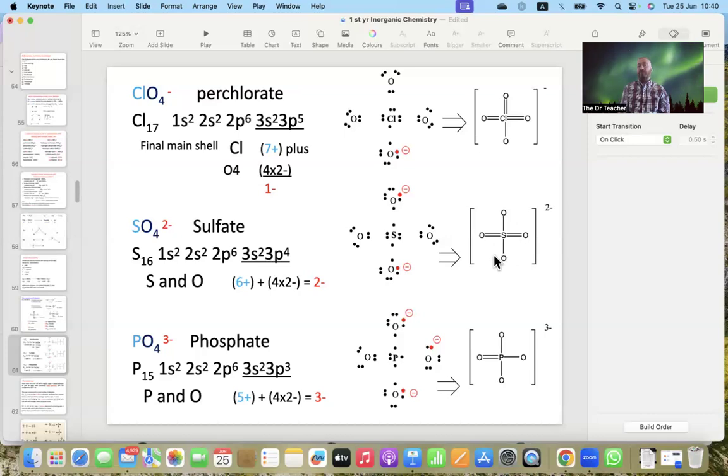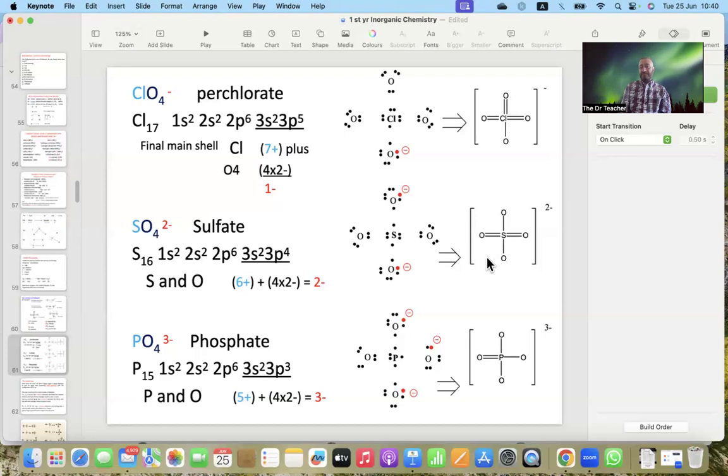So what are we going to do? 2 electrons from sulfur with 2 single electrons do a double bond for this oxygen, and 2 electrons from sulfur do a double bond for this oxygen. And of the remaining 2 electrons, one will form a single bond with one oxygen, and the other will form another single bond with the other oxygen.